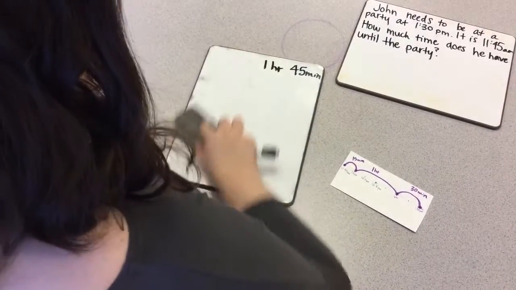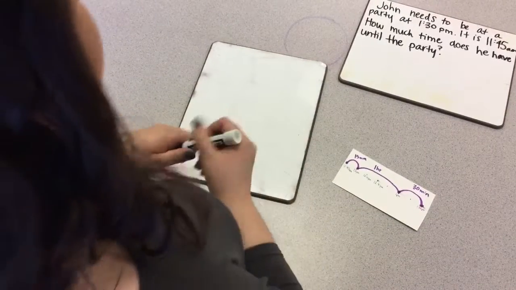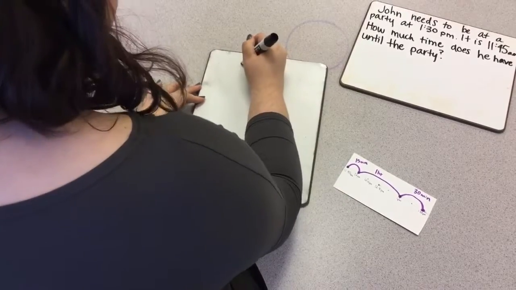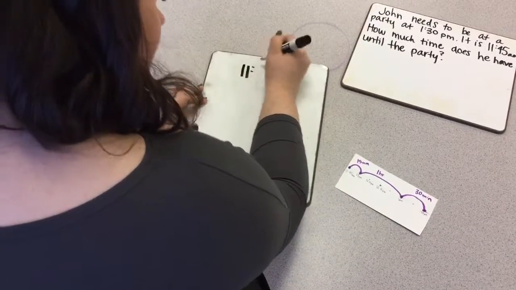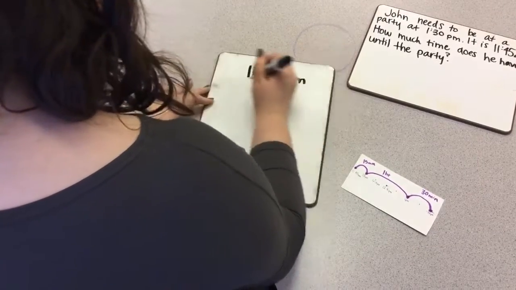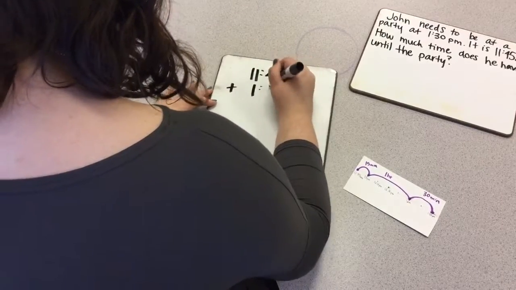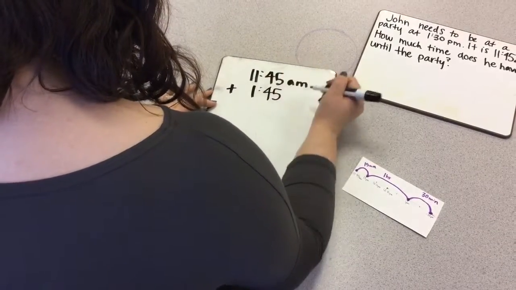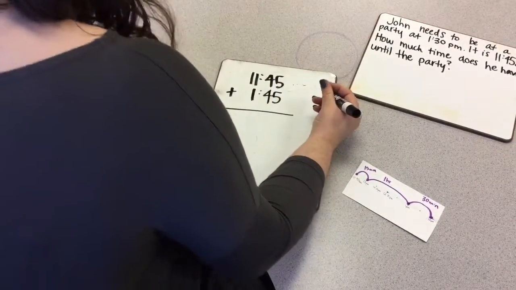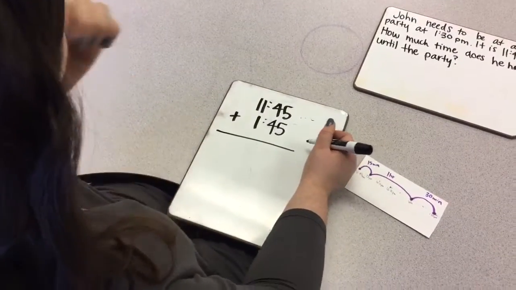So one common misconception that students might have is that in order to check their problem, they would start at 11:45 a.m. and then they might add 1 hour 45 minutes. So they would just add straight.